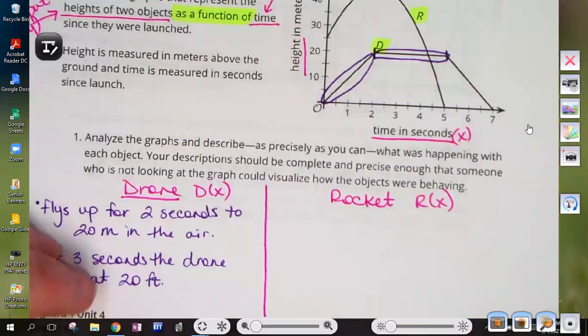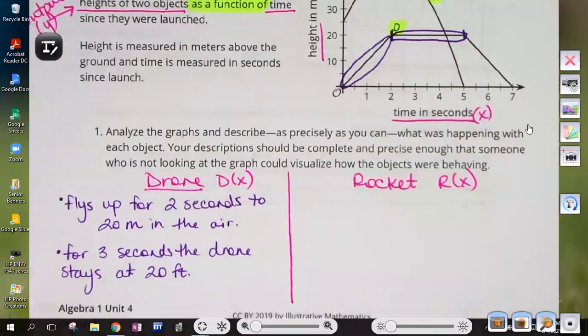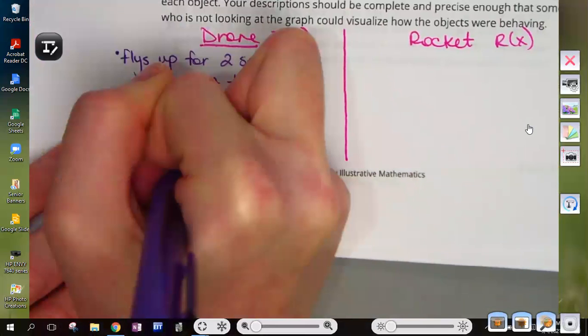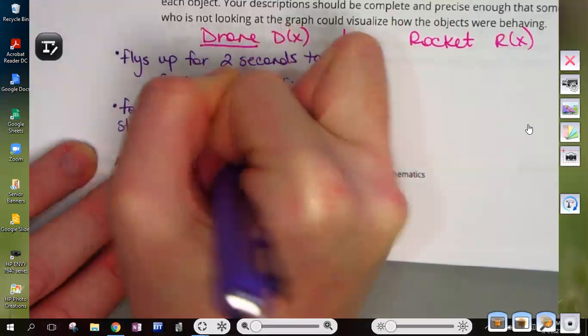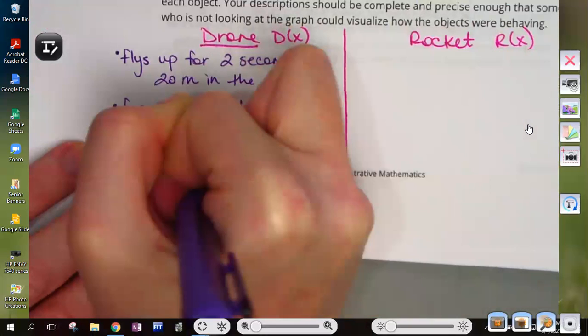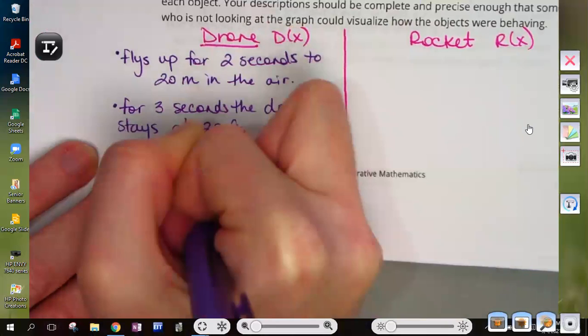Now what's happening with the drone? It goes back down. How quickly? 2 seconds. In 2 seconds, it goes back down to where? The ground. I think y'all said that, but I don't know. All right, so last bullet point: takes 2 seconds to come back down to the ground.